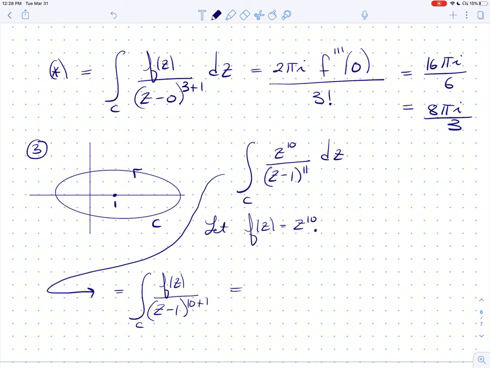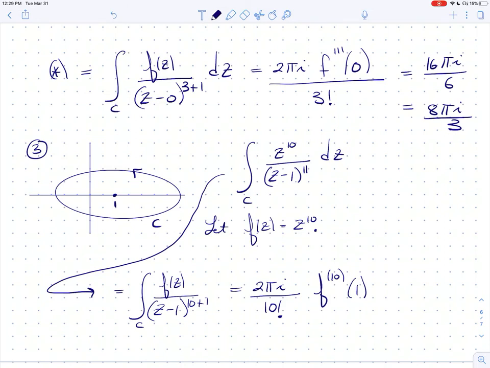Okay, so by the generalized Cauchy integral theorem, this is 2 pi i over 10 factorial times the 10th derivative of f at 1. Now, I don't really want to work out the 10th derivative, but it's not that hard to see how it goes. When you take a derivative, first derivative is 10 z to the 9th, and you're just going to keep kicking out.